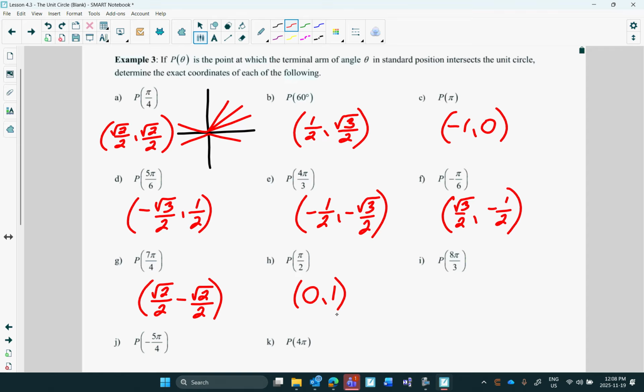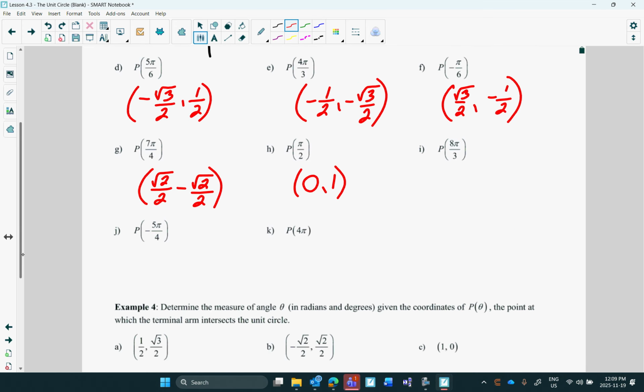8 pi over 3. That's a bit of a tricky one because it goes more than a complete circle. Because remember, 6 pi over 3 is a complete circle. The 6 pi over 3 is 2 pi.